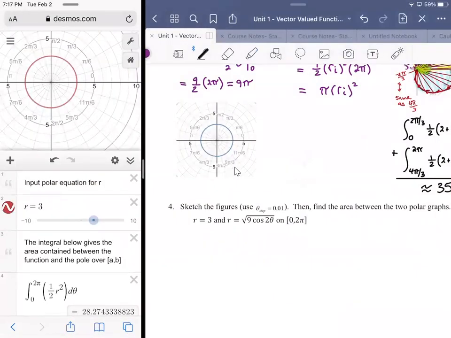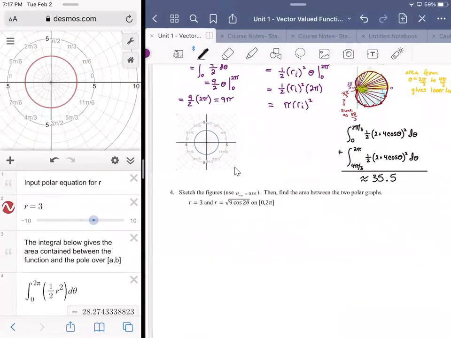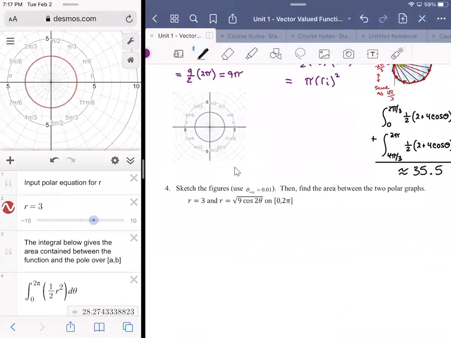Yeah, it's kind of weird. You'll hear me go back and forth between saying functions and equations when it comes to polar coordinates. It's one of those weird circumstances where you've been trained to think of a function in a certain way. You know, it passes the vertical line test. I would beg the question, what's a vertical line in polar coordinates?